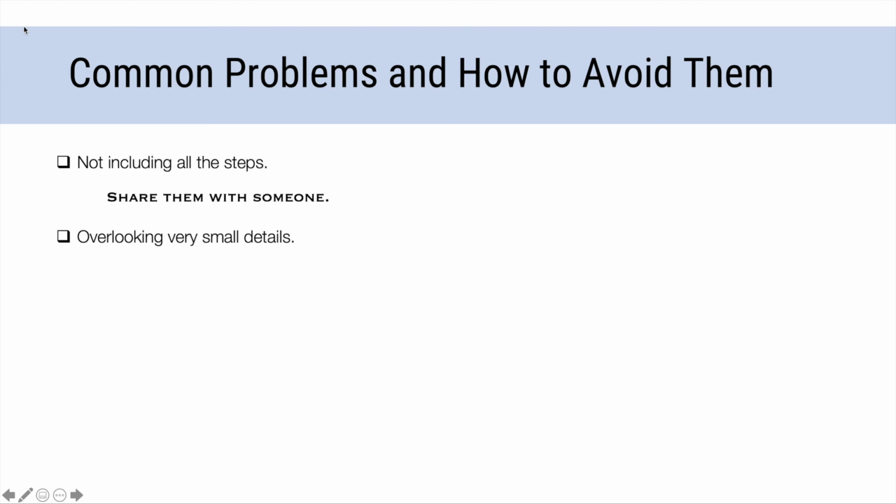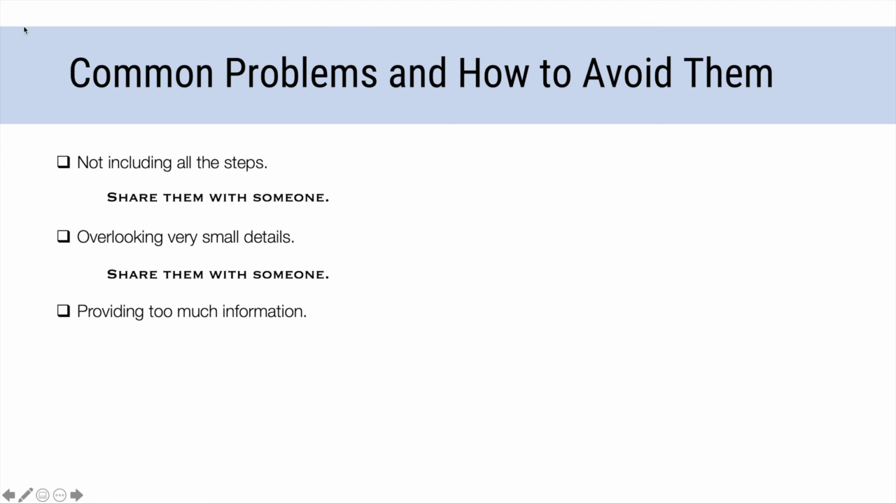And so therefore you just won't include them. Another way to try to avoid this is to write the instructions as you're actually doing a task and see how many things you actually do. Another way to do it is to share them with someone, okay?